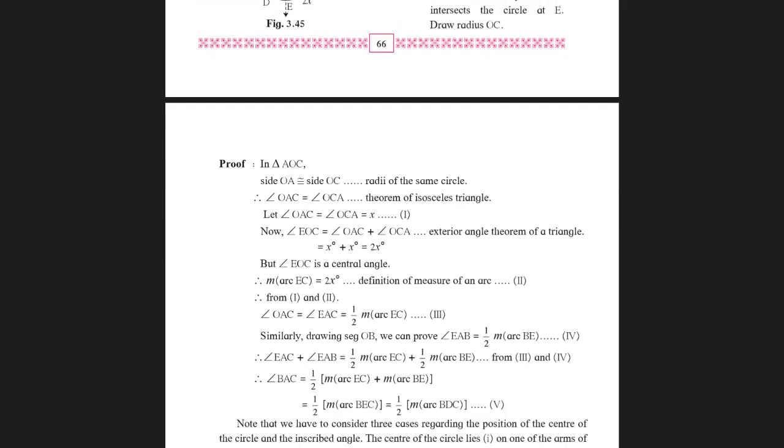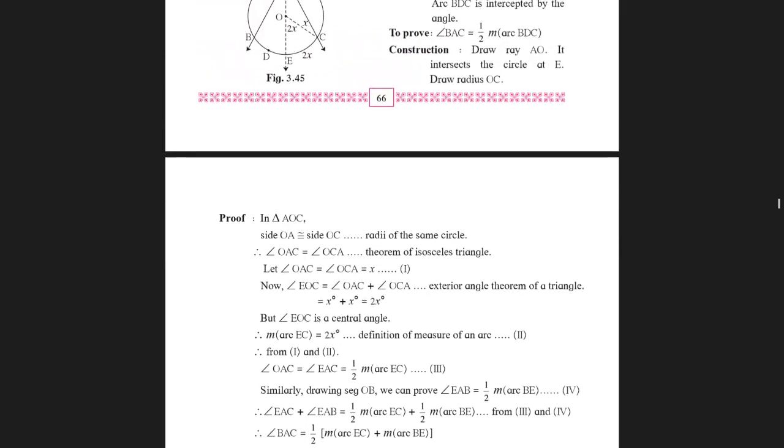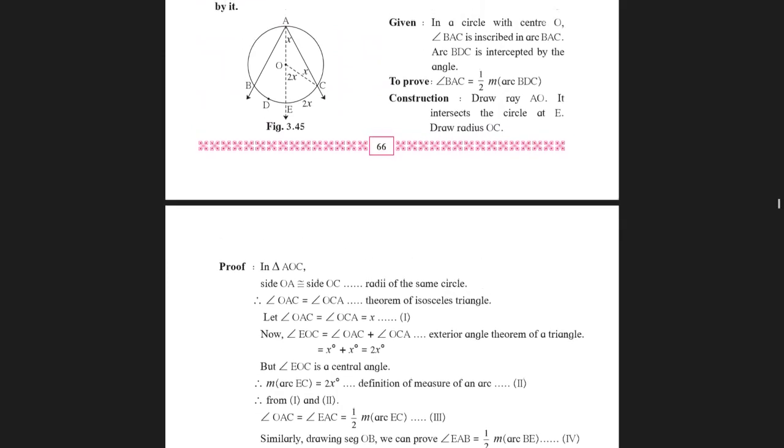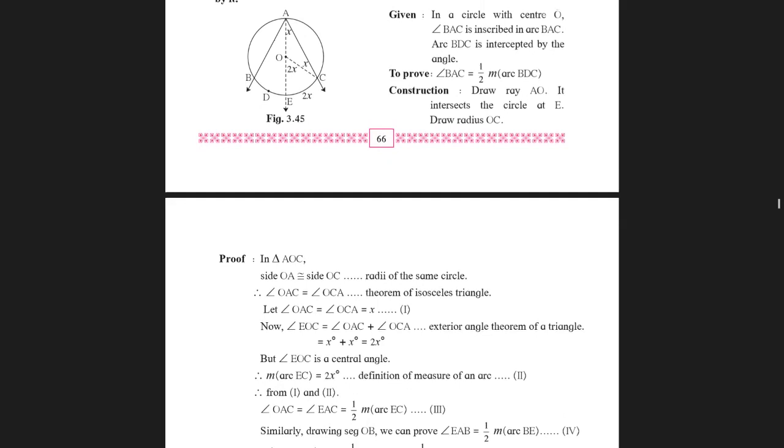Angle OAC is equal to angle EAC. Yes, angle OAC equals angle EAC, which is equal to half of the measure of arc EC.